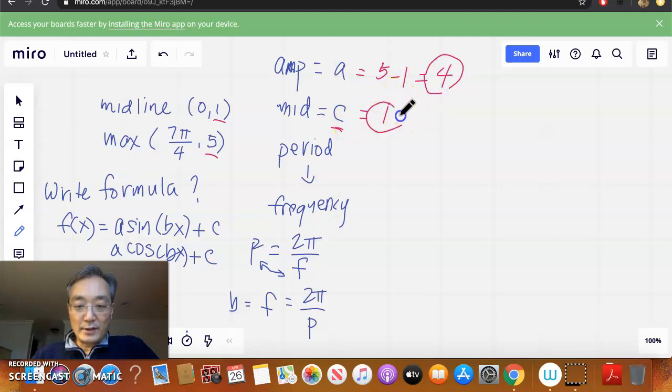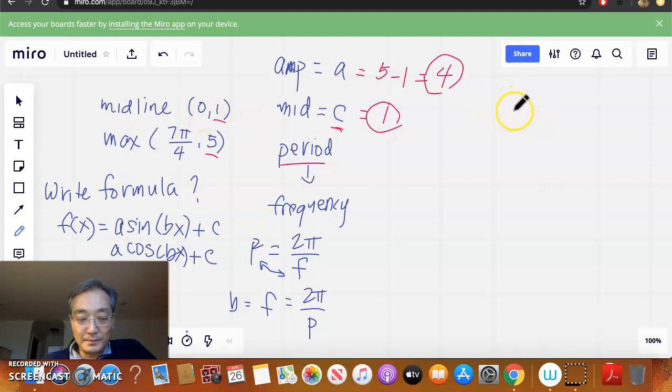Now we need to calculate the period, right? In order to get the frequency, which we need in our function, we need the period. So how are we going to get the period? Well, we know that the horizontal distance from the max to the midline is 1/4 of the entire period.